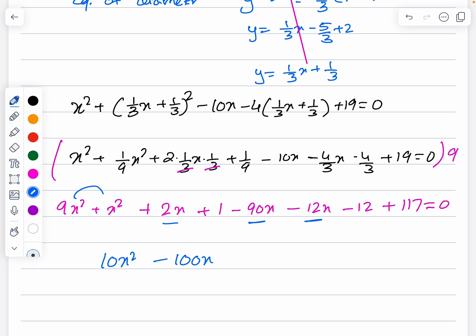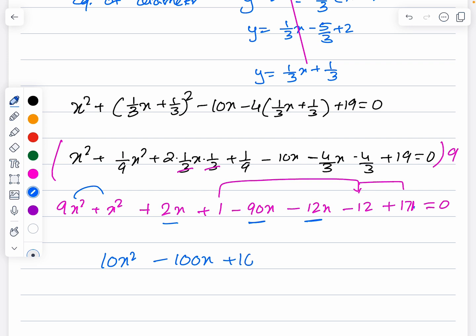The constant value: 19 times 9 is not 117. 19 times 9 is, let me work it out, 171. So I got plus 171. So 1 minus 12 is minus 11. Minus 11 plus 171 is 160. Plus 160.